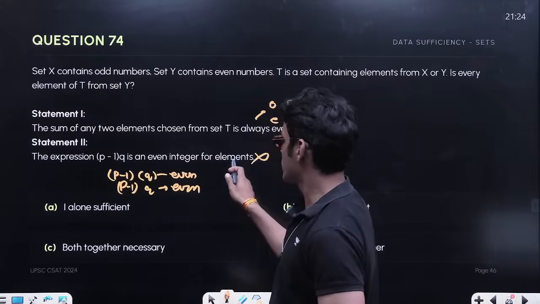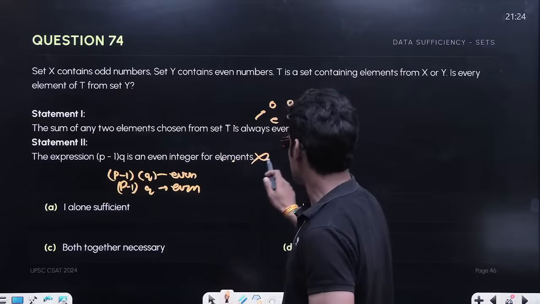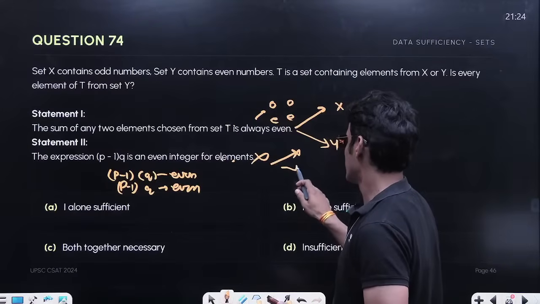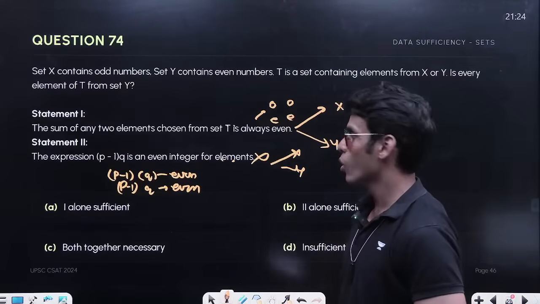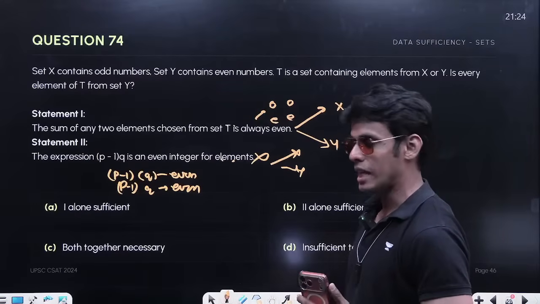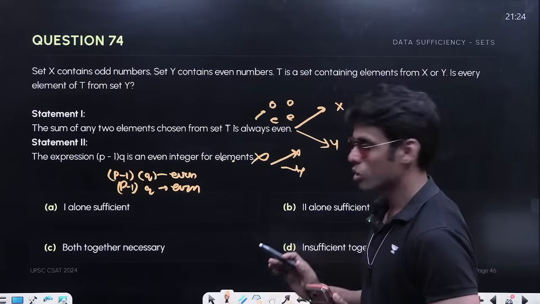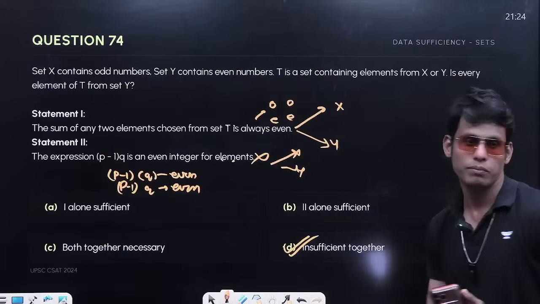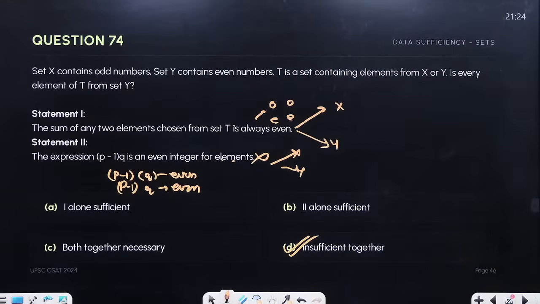So both of them together tell me that the elements are from either X or Y. It does not deterministically tell me that they are only from Y. So again, insufficient together.